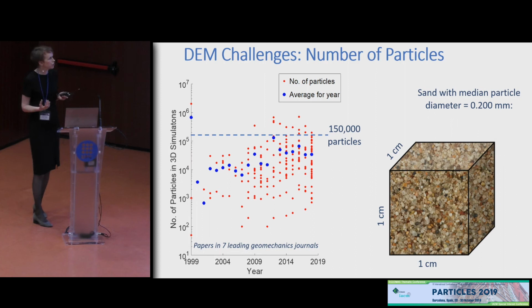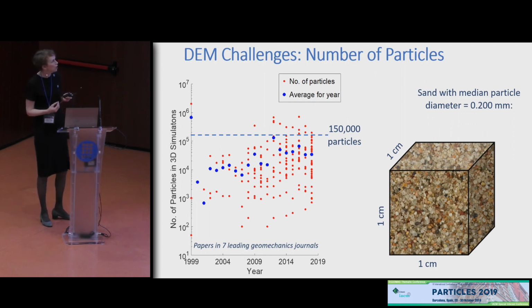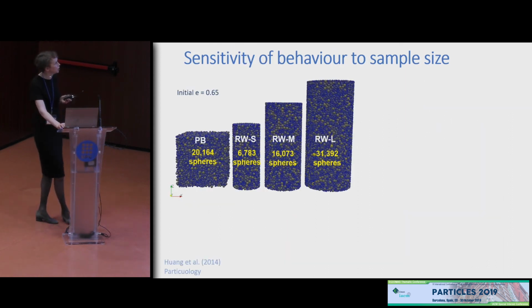I think there are cultural reasons for this. A lot of work that's carried out in soil mechanics and geotechnical engineering uses commercial codes that work in a Windows environment. But I think this limitation on the number of particles has implications for the quality of work. And we did quite a simple study where we looked at different sample sizes, simulated them using the commercial code PFC with rigid wall boundaries, and compared that to simulations with periodic boundaries using LAMMPS.